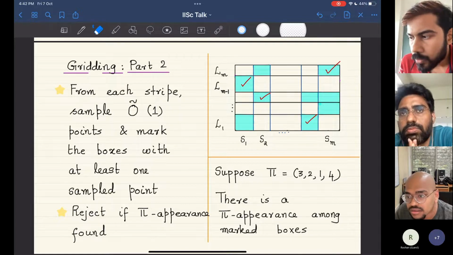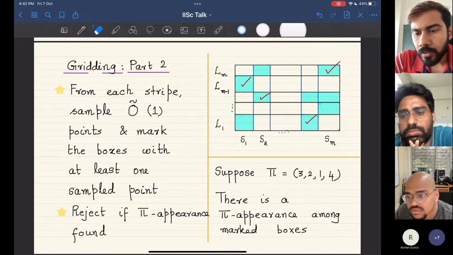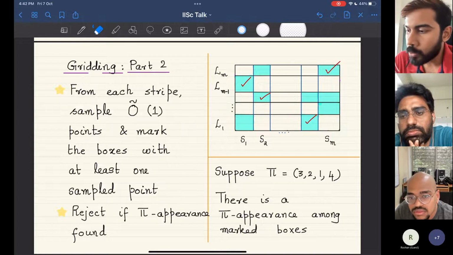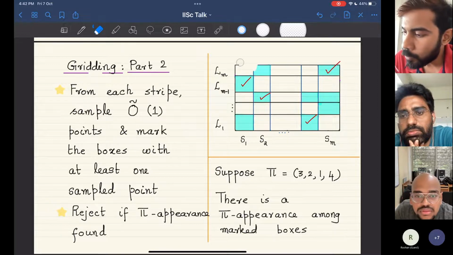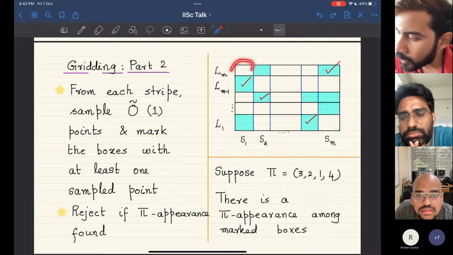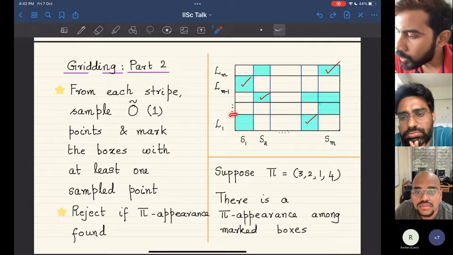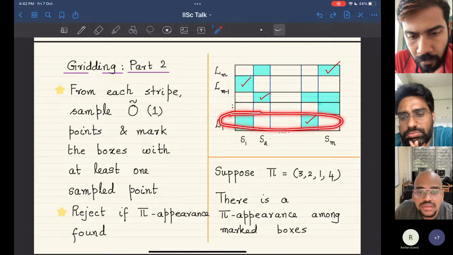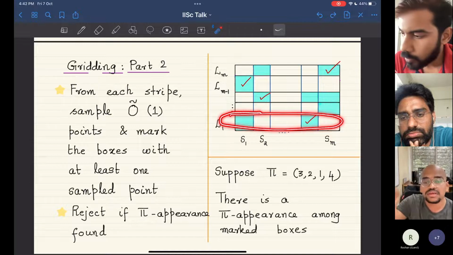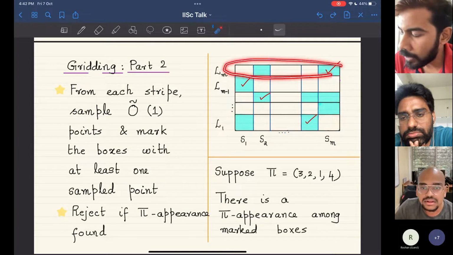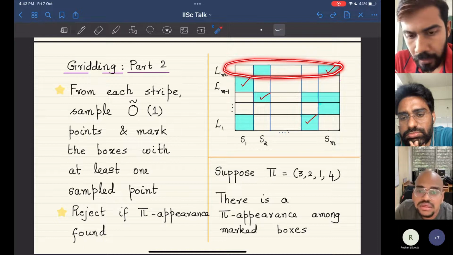There are only decreasing patterns we can find. No 3214, for example. So you are saying you are filling this whole thing, right? Horizontally, from the top, I fill the entire thing here.